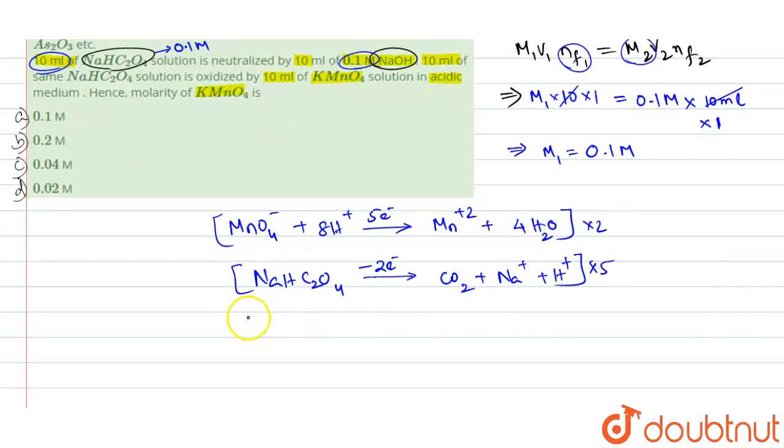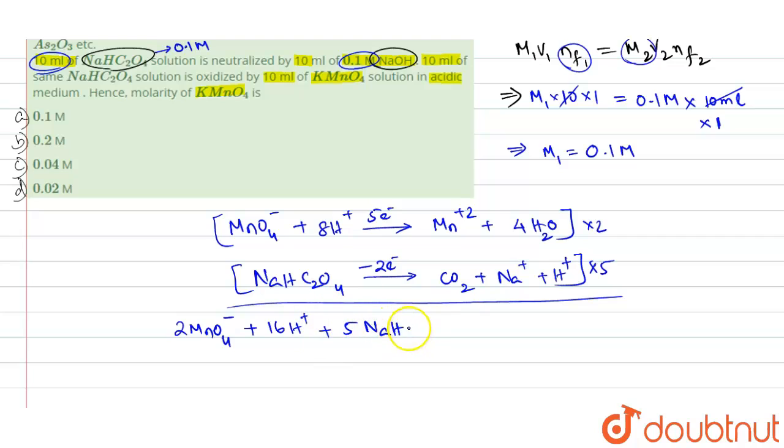So the net reaction will be like this: 2MnO4 minus plus 16H plus plus 5NaHC2O4 gives, and here plus 10 electrons and minus 10 electrons will be cancelled, 2Mn plus 2 plus 8 water plus 5Na plus and 5H plus, and 10 carbon dioxide.